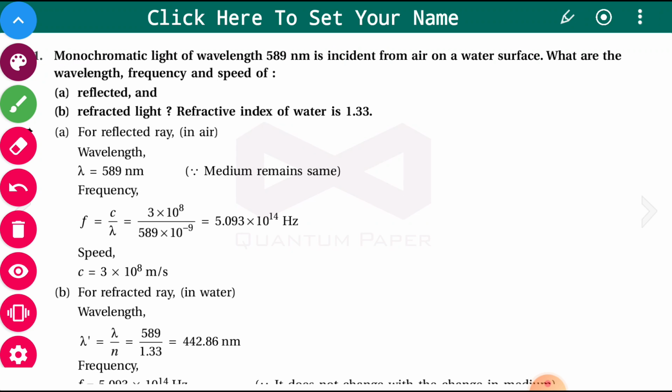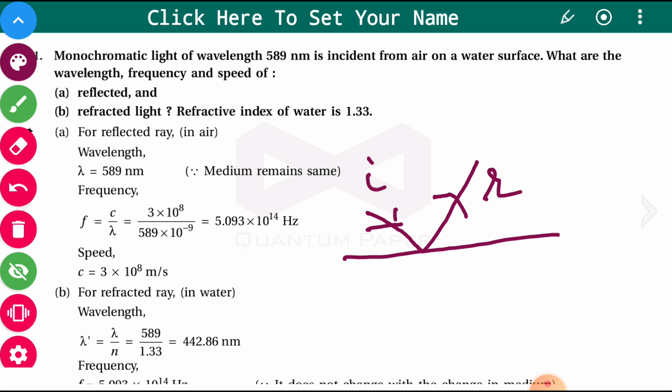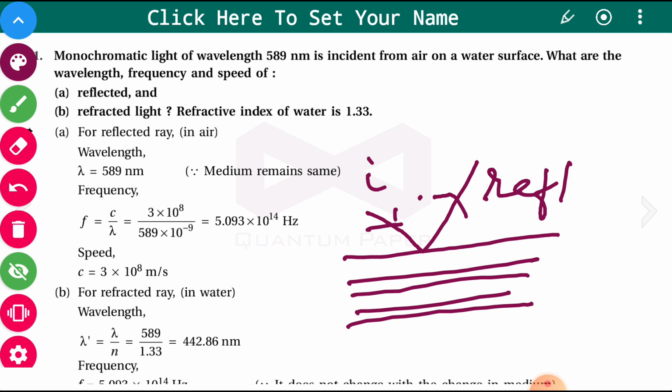Now see, whenever the light is reflected, the reflection is in the same medium. So this is the incident light and this is the reflected light. The reflected light is traveling in the same medium, while the refracted light will be moving in another medium, where speed and wavelength will change, but frequency remains constant.